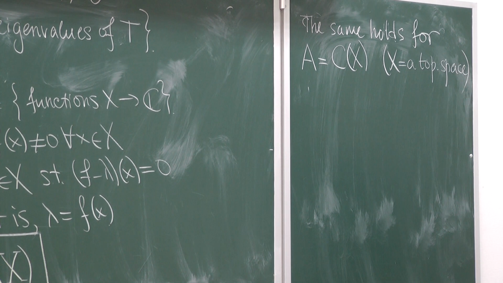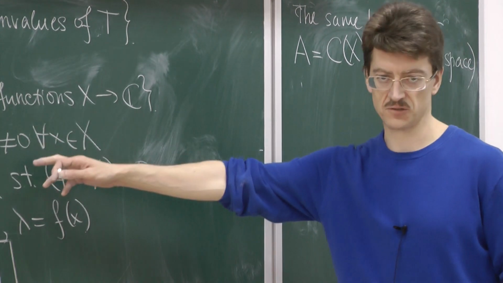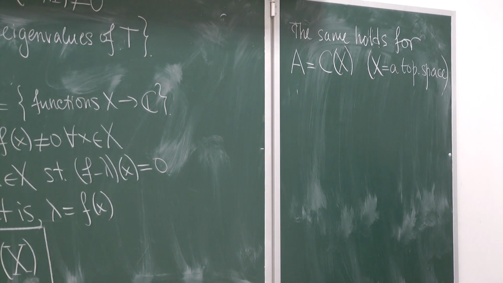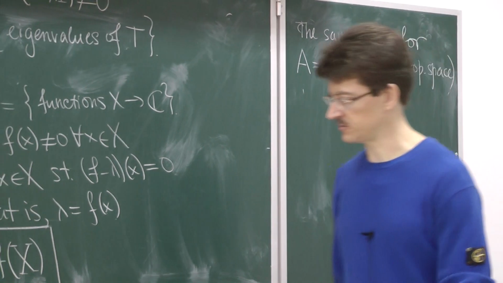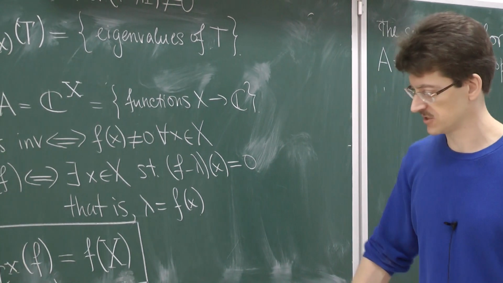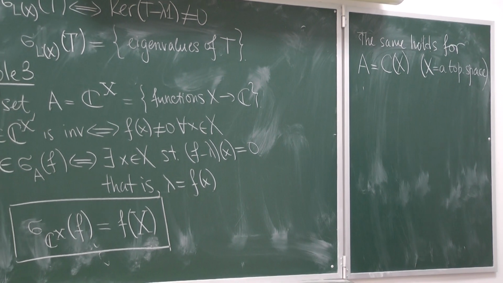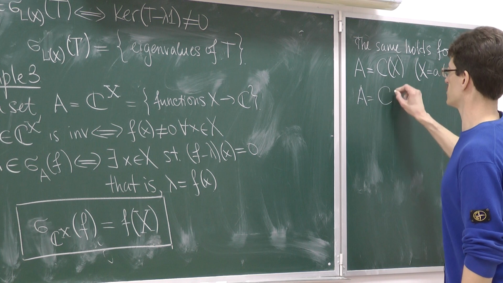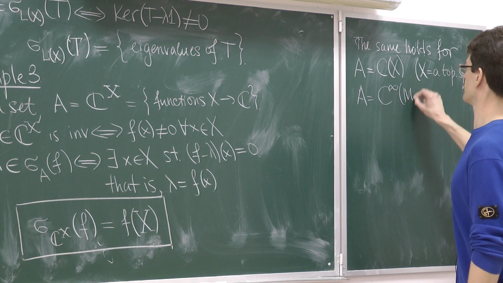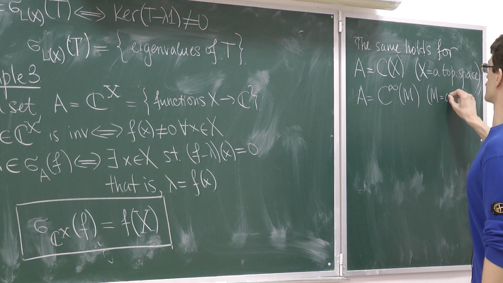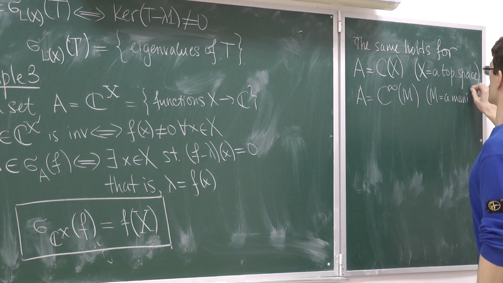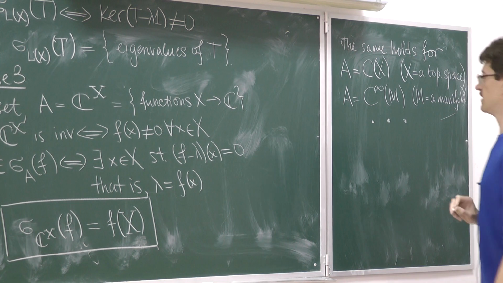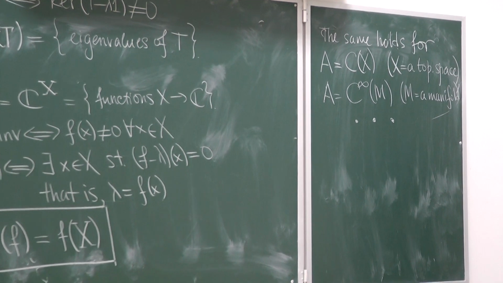Simply because if f is non-vanishing and continuous, then 1 over f is also continuous. So the same argument shows that the spectrum of an element of the algebra of continuous functions is given by the same formula. The same holds for the algebra of, for example, smooth functions on any smooth manifold. And actually for many other algebras of functions.